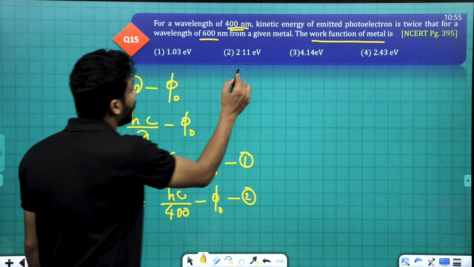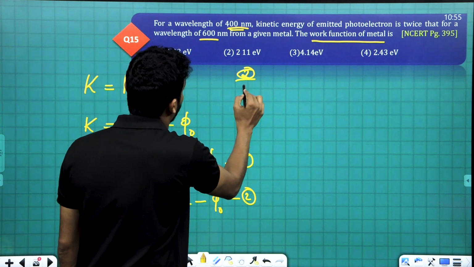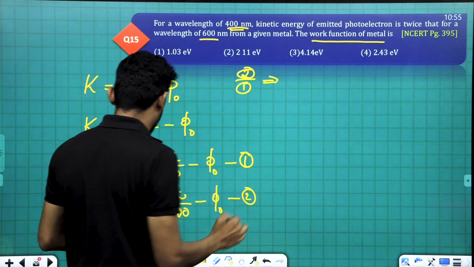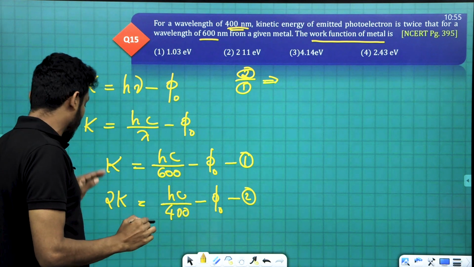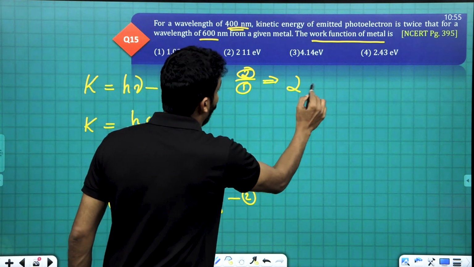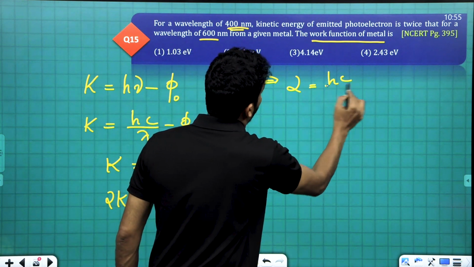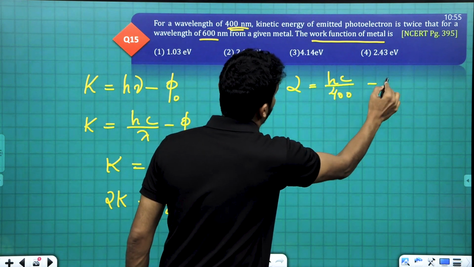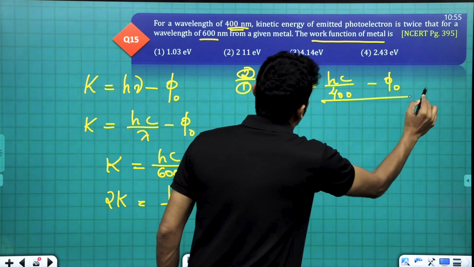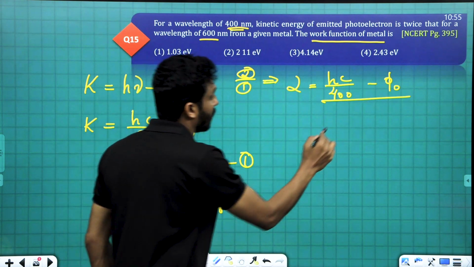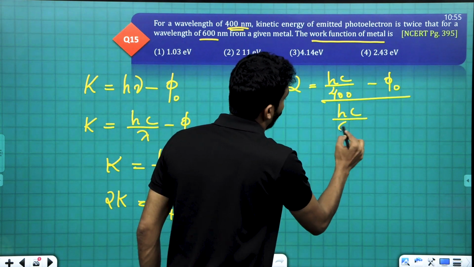Then equation 2 divided by equation 1 gives, on LHS, 2. So 2 is equal to hc by 400 minus phi naught divided by hc by 600 minus phi naught.